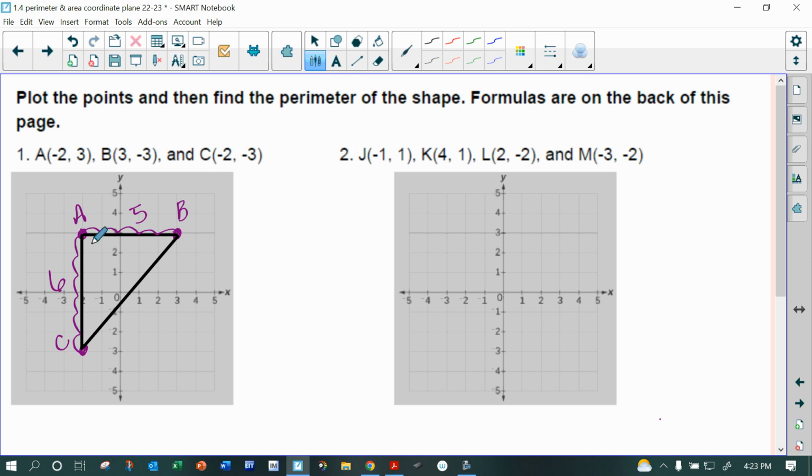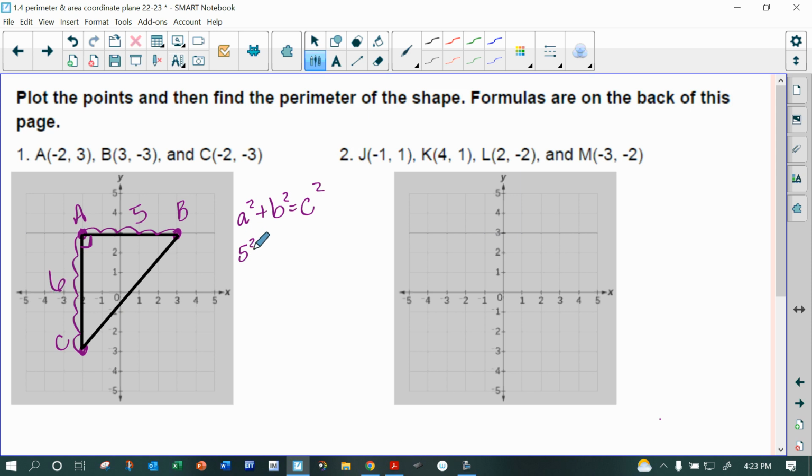Now, keep in mind that horizontal and vertical make a right angle. If you see a little box in the corner, that means it's a 90-degree angle, which means this is now a right triangle. Since this is a right triangle, I can do the Pythagorean theorem. A squared plus b squared equals c squared, where this side is your hypotenuse, this is your c.